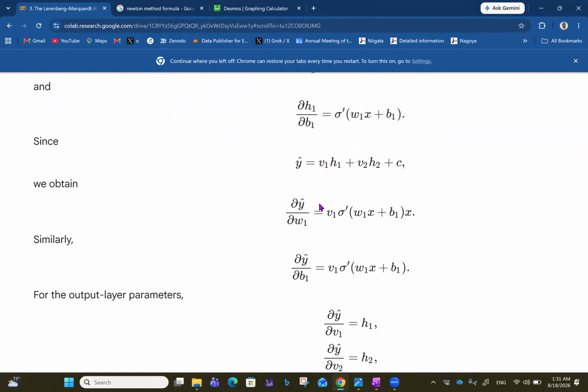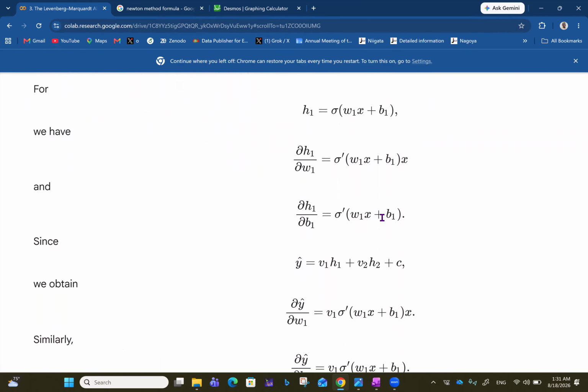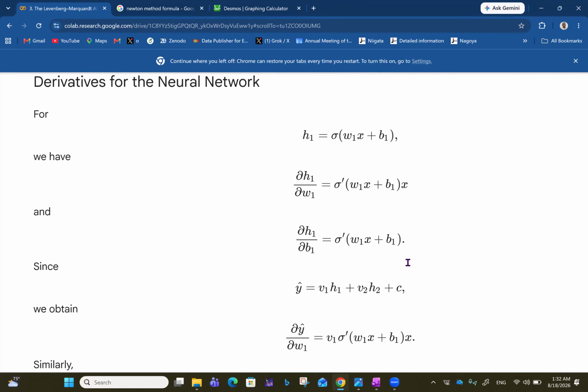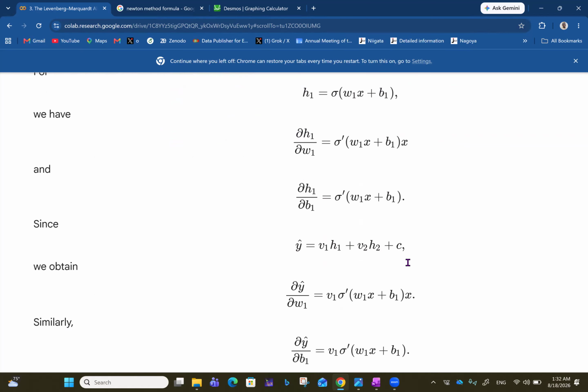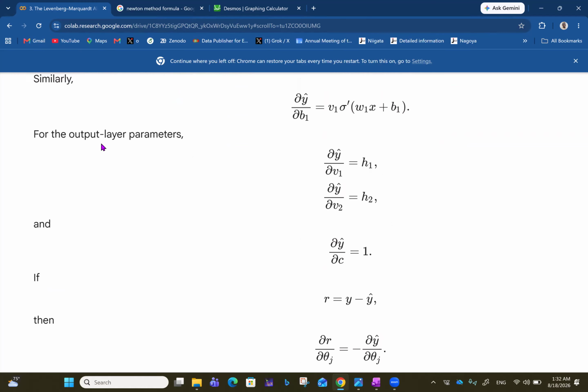Partial y cap partial w1 would then be v1 sigma prime of w1x plus b1 multiplied by x, because the v1 comes out. Similarly, partial y cap partial b1 is v1 sigma prime of w1x plus b1. And if this is confusing, you can substitute the h directly and differentiate directly so you get a clear picture.